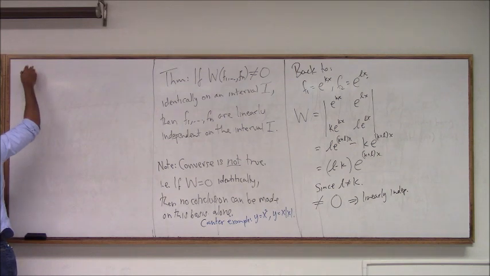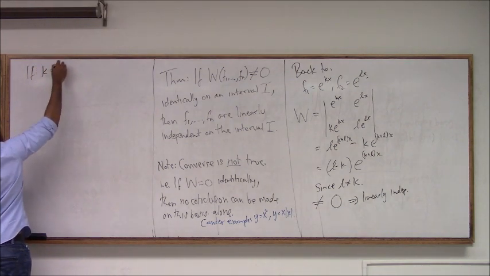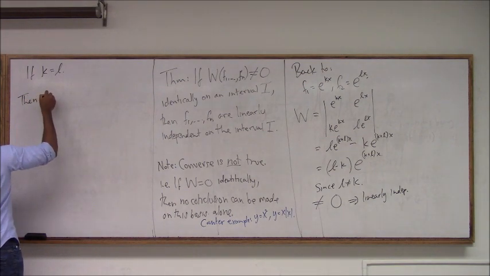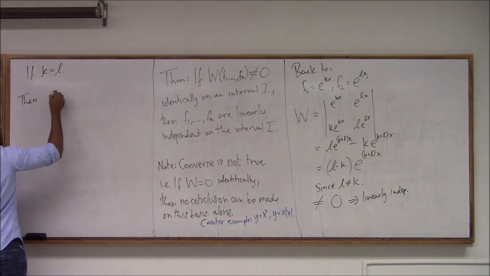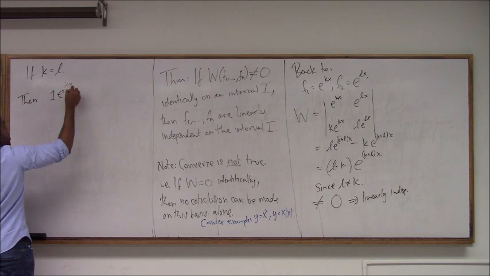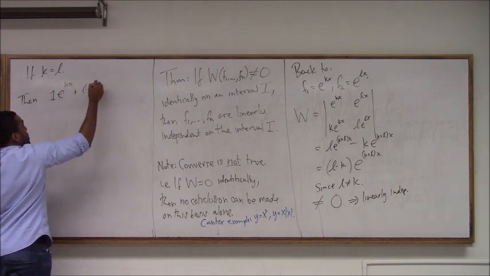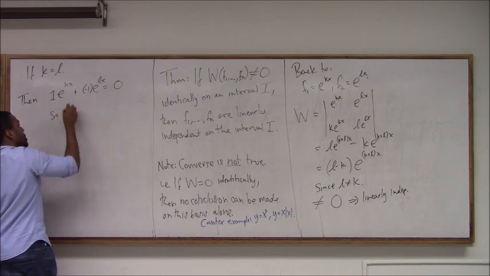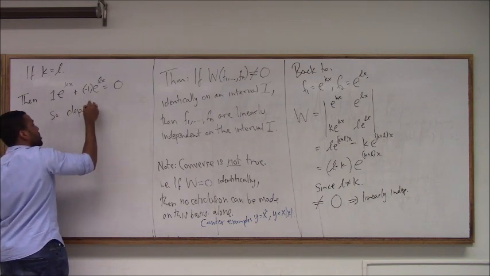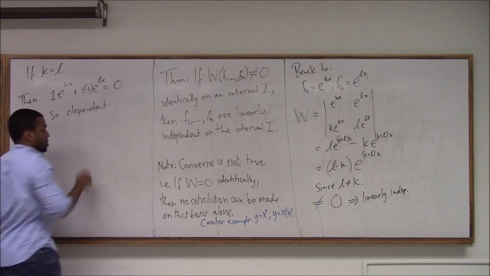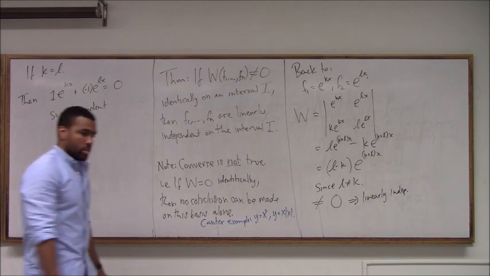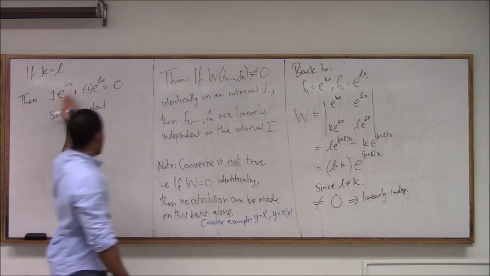Notice that if k equals l, then you can see that 1 times e to the kx plus minus 1 times e to the lx would actually be 0, so they would be dependent in that case. So the Wronskian would be 0, but you can't really make a conclusion from that, but it's actually not hard to just solve the equation, and you would get a non-trivial solution.